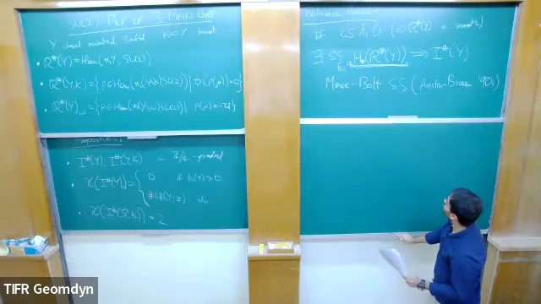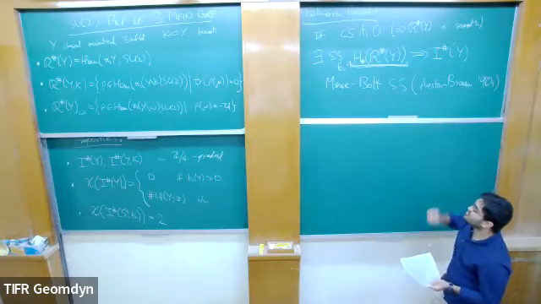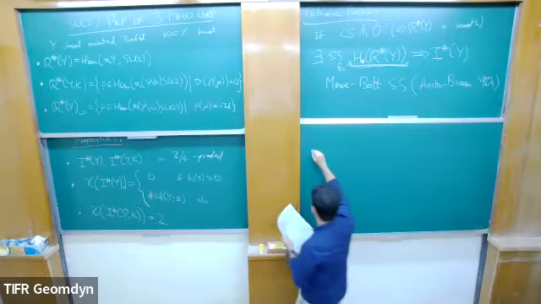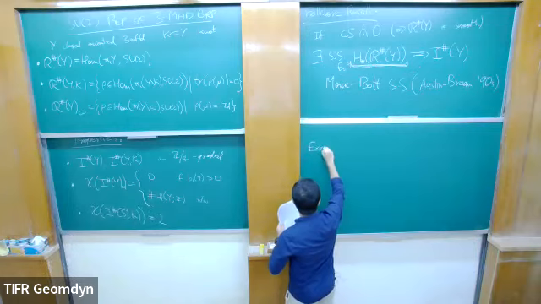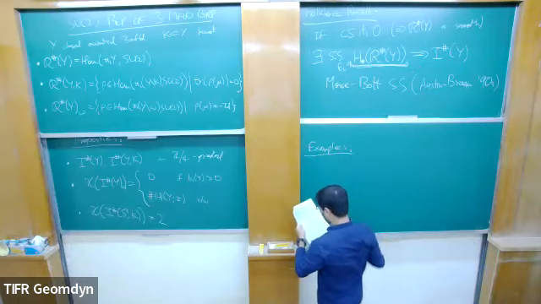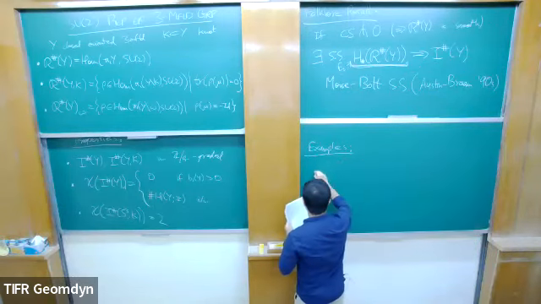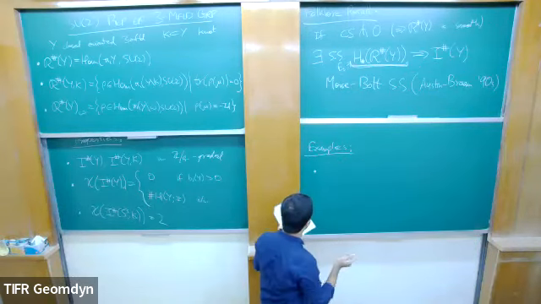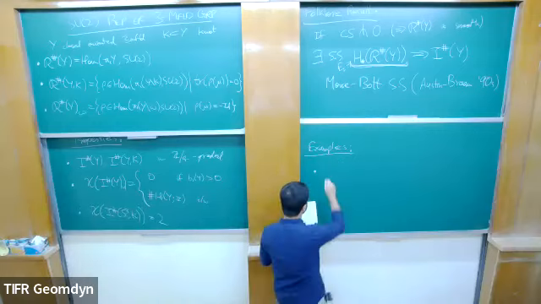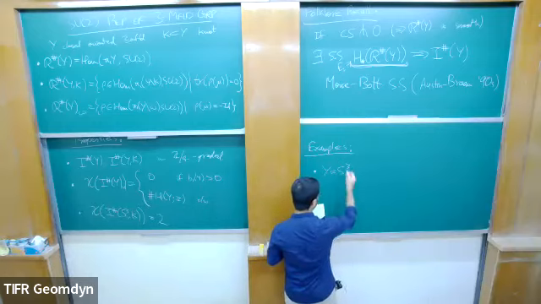Right. Okay. Cool. Now, just based on this folklore result, we can have a bunch of examples. So let me go to examples. Right. So let's start off with the most trivial examples, because with all of this baggage, even that might seem daunting. So let's just take Y equals S3.